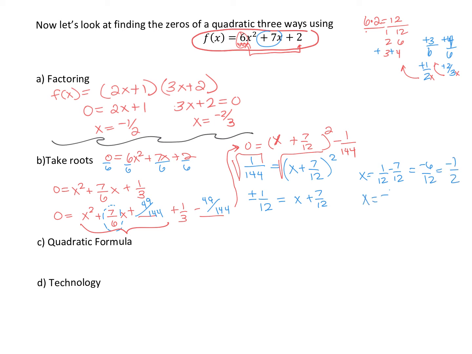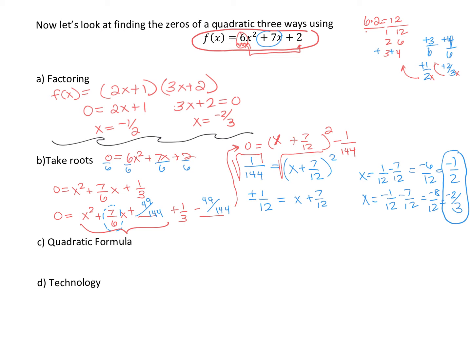Or I get minus 1/12 minus 7/12, which is minus 8/12 or minus 2/3. So we get the same two results that we got from the factoring, but clearly the factoring was the faster and easier method.